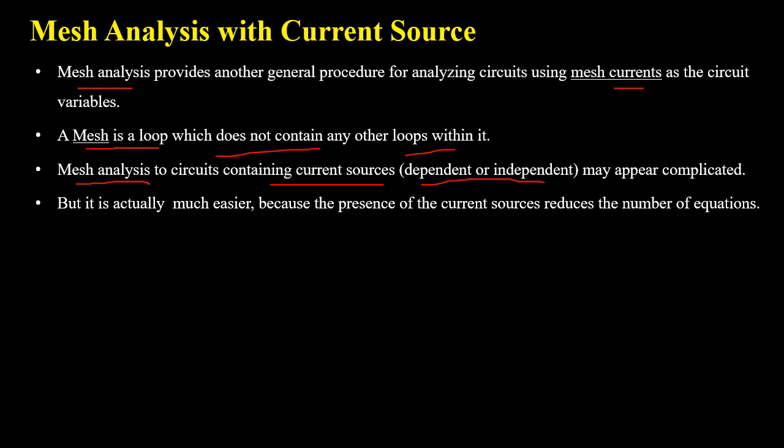Applying mesh analysis to circuits having current sources may appear a bit complicated because in mesh analysis we apply KVL, and for a current source we don't know the voltage drop in advance. But the presence of a current source has the benefit that it reduces the number of equations. So let's start the mesh analysis with current source.